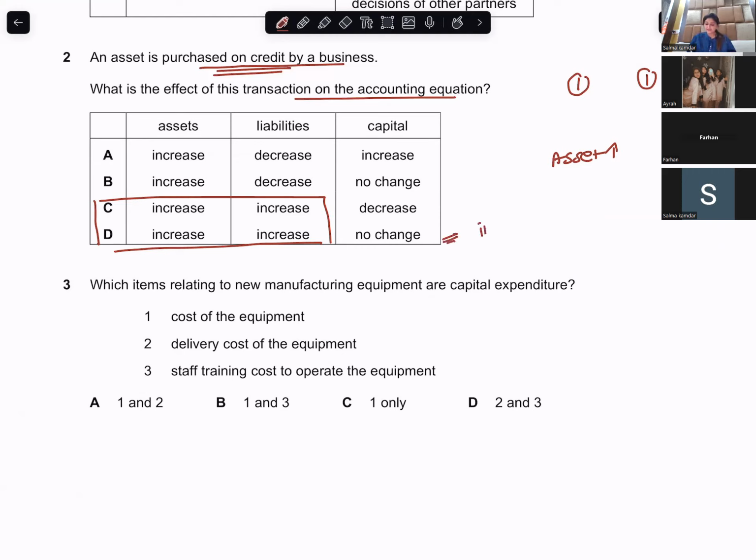Capital changes with increase or decrease because of profits or losses. Profits will increase capital and loss will decrease it. So which one? It'll be D. Okay. Fine. Go ahead.